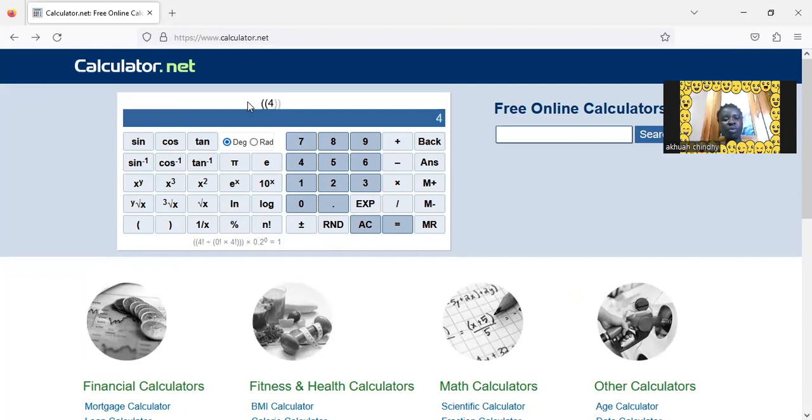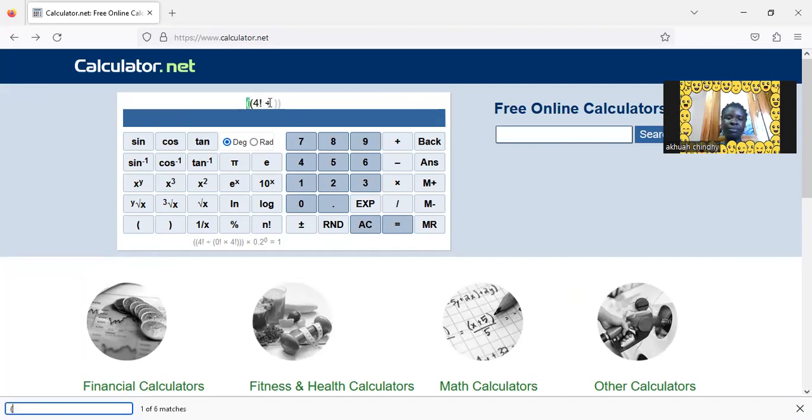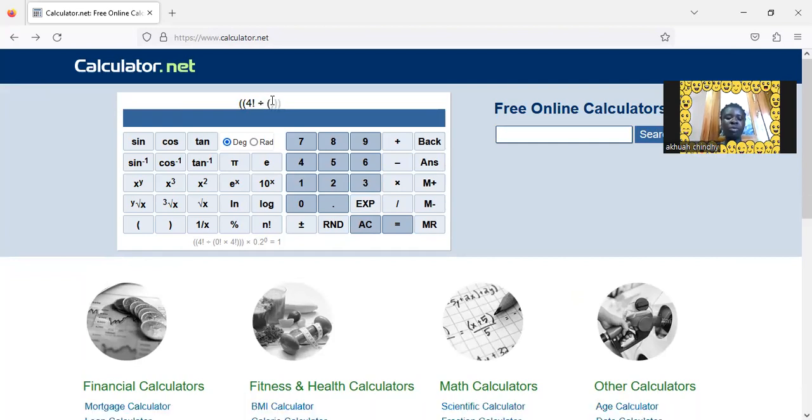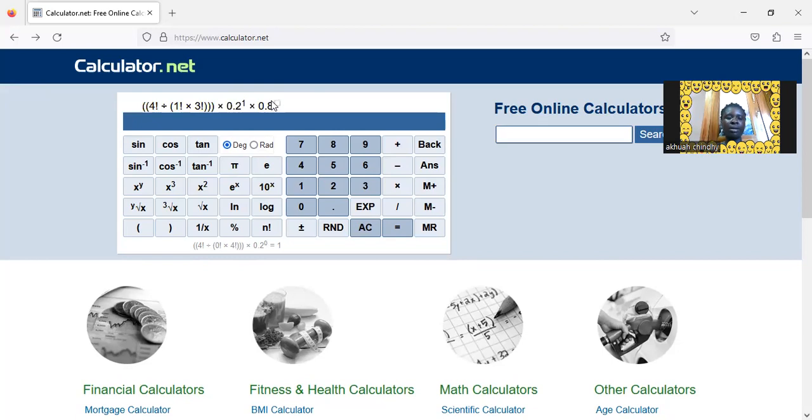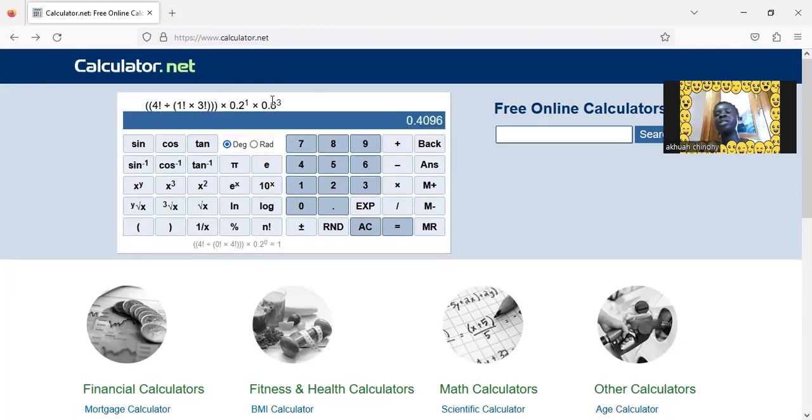So n factorial, which is 4, divided by our x factorial, which is now 1, times n minus x, which is 4 minus 1, 3 factorial, times our p, which is 0.2 raised to the power x, and x is 1, times our q, 0.8 raised to the power n minus x, so 4 minus 1 is 3. We are getting 0.4096.